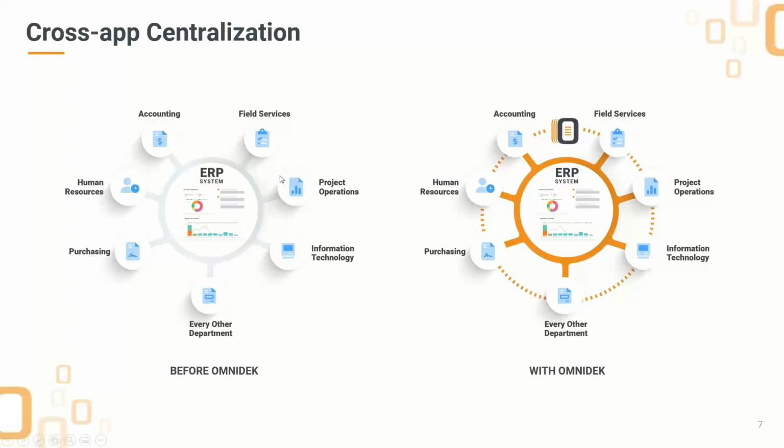So all of these departments are feeding information, hopefully, into our ERP here. After we plug in Omnidek, you can see this orange line. They're all feeding the ERP, but they're also talking to each other. And that's because Omnidek is tying every department together.